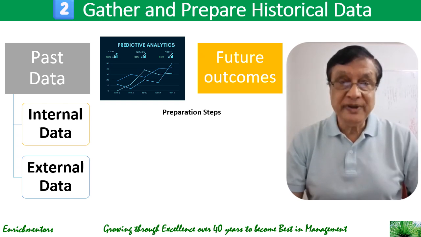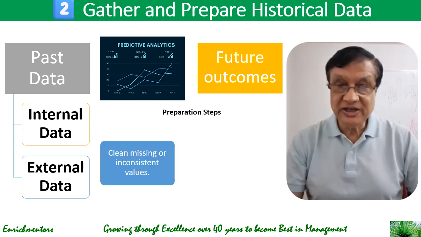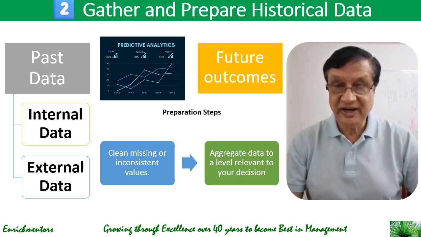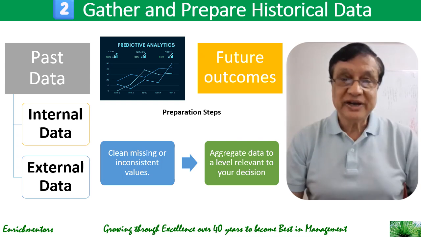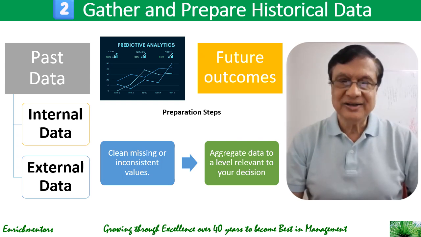Then you need to prepare the data by cleaning the missing or inconsistent values and aggregating data to a level relevant for your decision. It could be weekly, monthly, or any other way of aggregation. So gather and prepare the historical data like that.